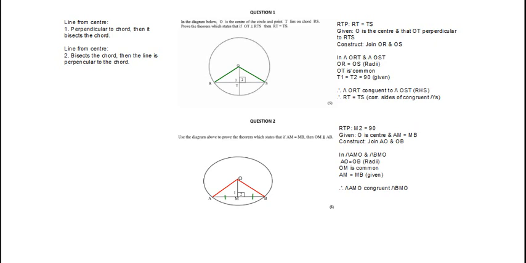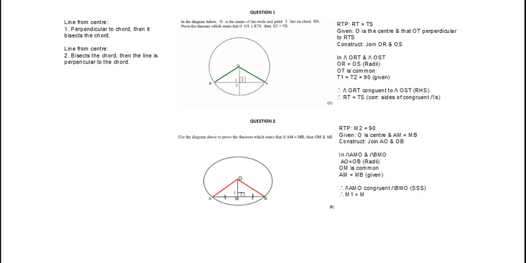And now what I am going to do is conclude and say therefore, I'm supposed to give a reason here because I've proven that the radii, there's a common side and there's two given sides, so that's side side side.